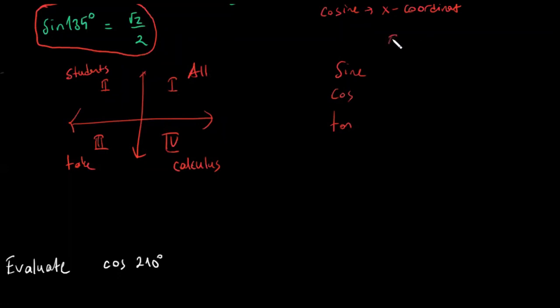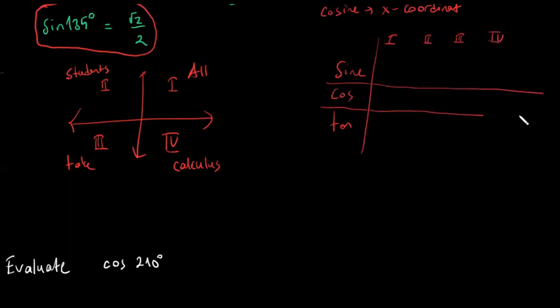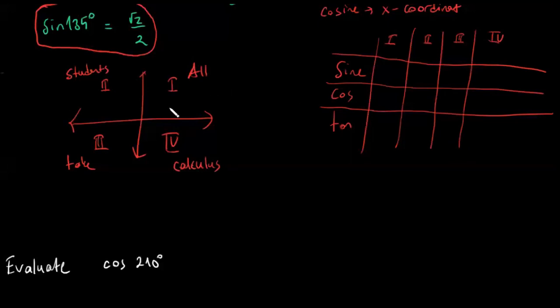So all functions are positive in the first quadrant. Let's make our table here. We can make it quickly using this method. It is up to you, whatever you want, you can use. Sine is positive because y is positive, cosine is positive because x is positive in the first quadrant, and tangent is positive over positive, which is also positive.